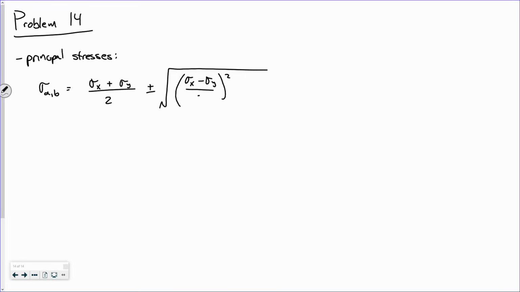So we have sigma A and B, as they call it in the text, is sigma x plus sigma y over 2 plus or minus the square root of sigma x minus sigma y squared over 2 plus tau xy squared.